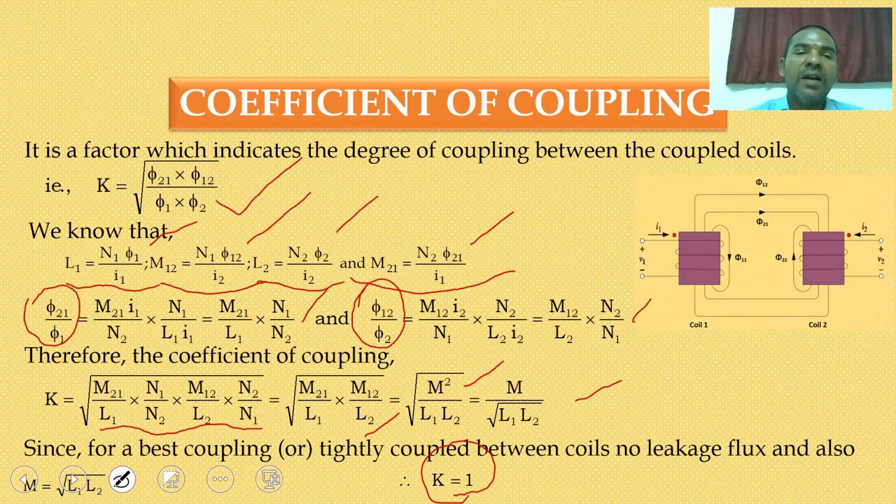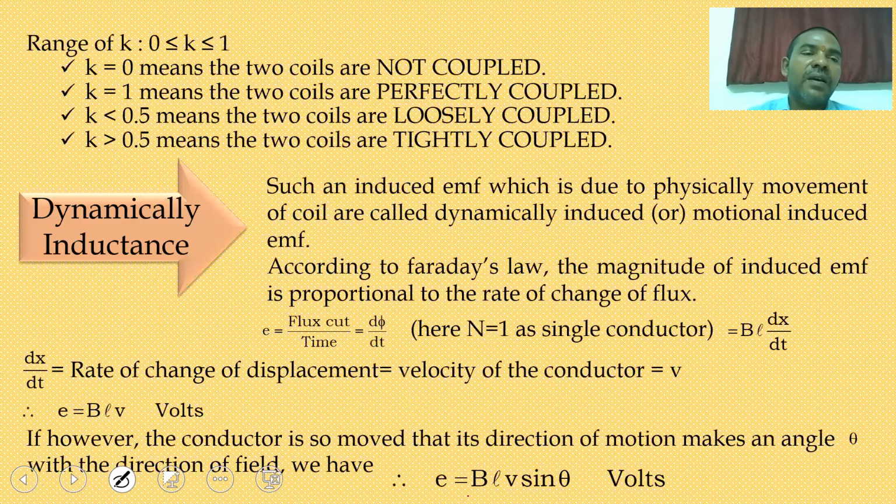This is for inducing a voltage in the secondary side. So the range of values of K must be 0 less than or equal to K less than or equal to 1. If K is 0, there is no connection between the coils.